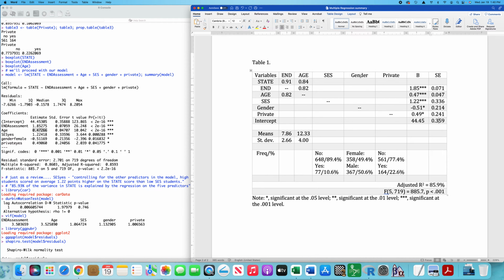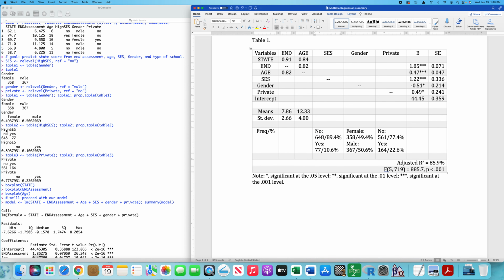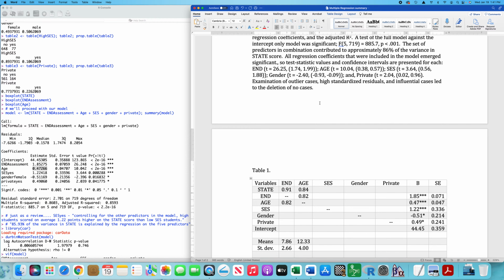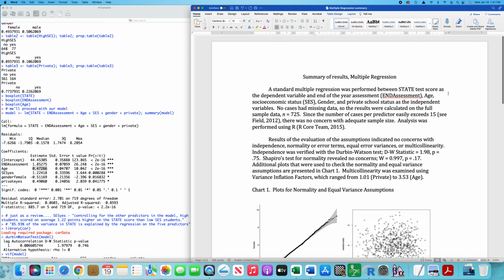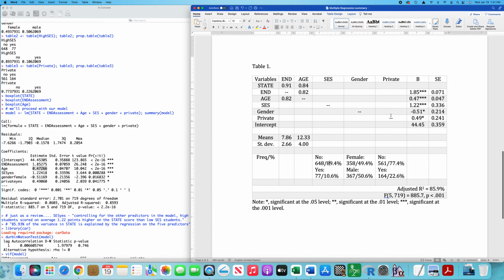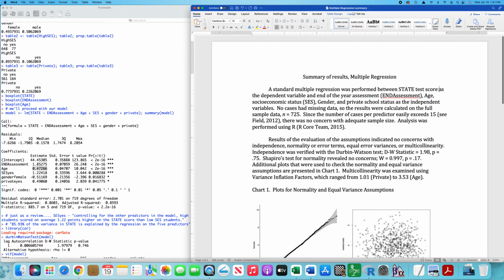And then I come in on SES, gender, and private, and I give the count, the frequency, and the percentage. That's what I did. One thing I did forget that should be added would be the mean and the standard deviation for state score. I would probably add it up here.